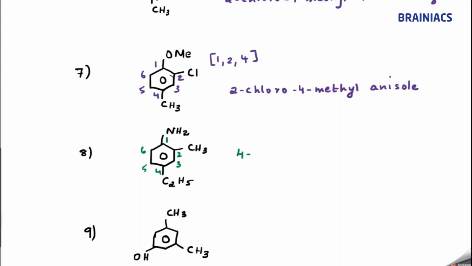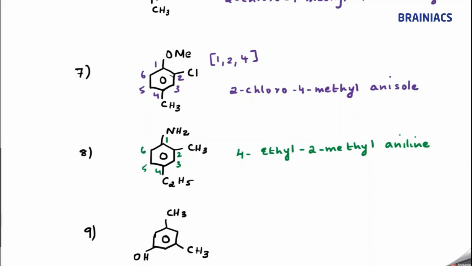So we say 4 ethyl, correct? 2 methyl, correct? 2 methyl aniline. Sometimes they may give benzamine, that is also correct. Okay? 4 ethyl, 2 methyl aniline. Hope you understood. Now you are almost comfortable, I feel.